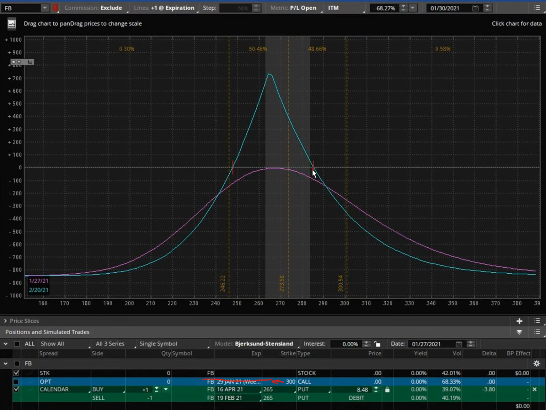As we can see, this break even is lining up with 280 something there on this example when I screenshotted it. And if I just did the add $8 to this, that would have been about 273. So I'm saying the break even's here, and I'd be saying that the break even is probably here. So you can see that the break even is much better than where I'm suggesting.